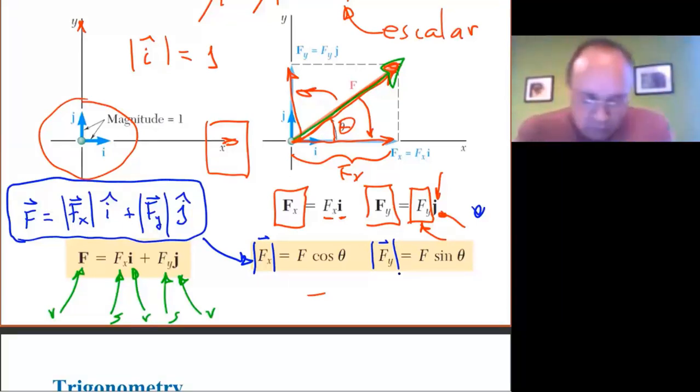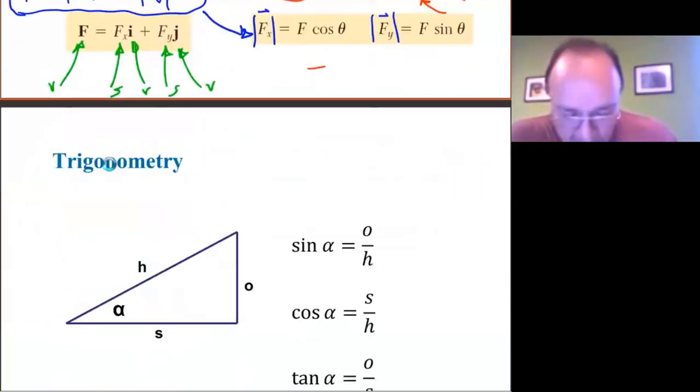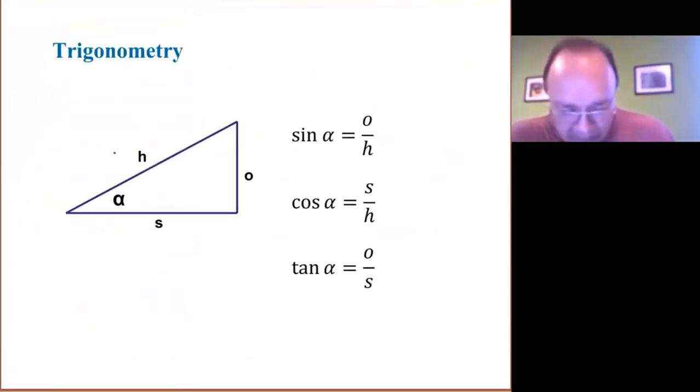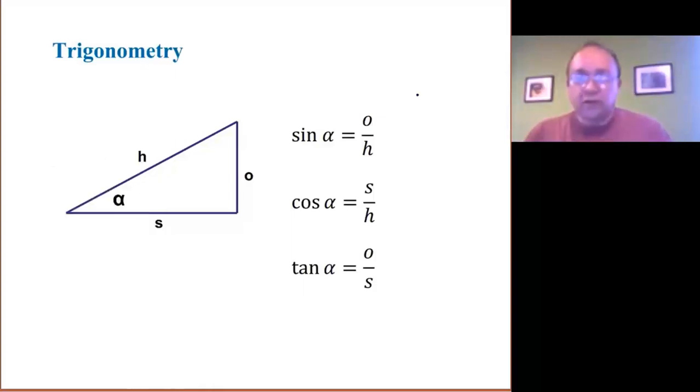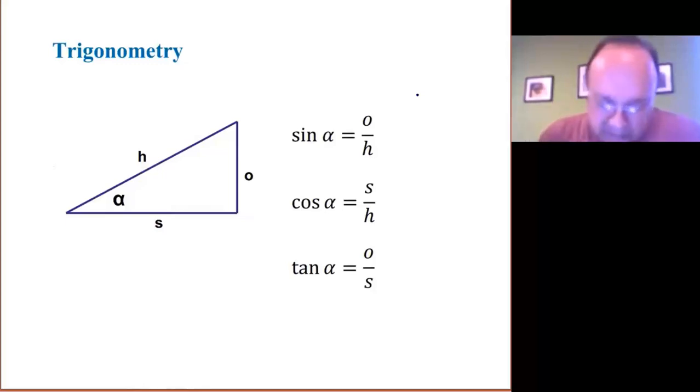But what I want you guys to review, to get back into your memory, is the trigonometry of this. At this point, many people have this very clear, no problem at all. But some others may still struggle with sine, cosine, and tangent.